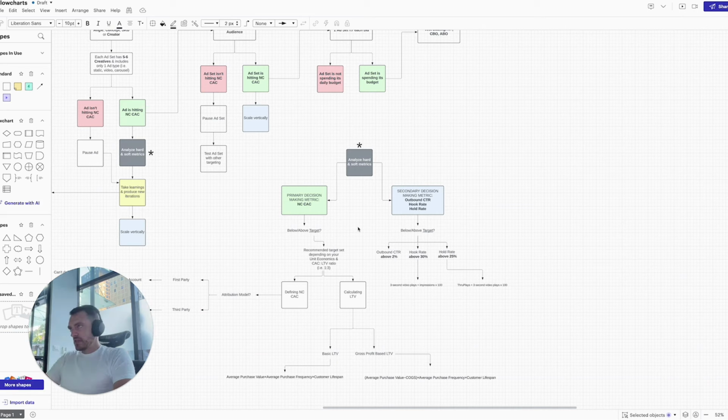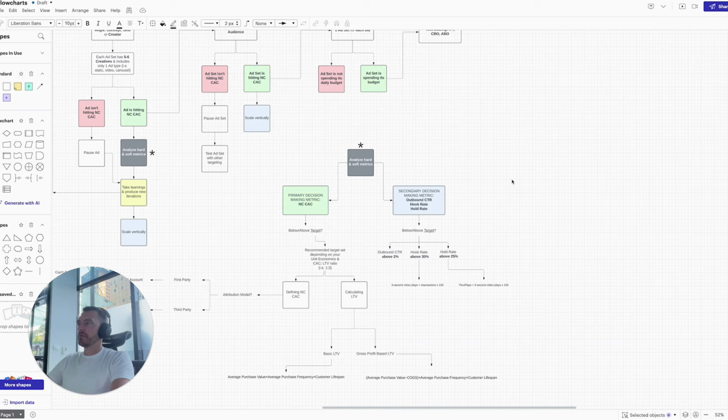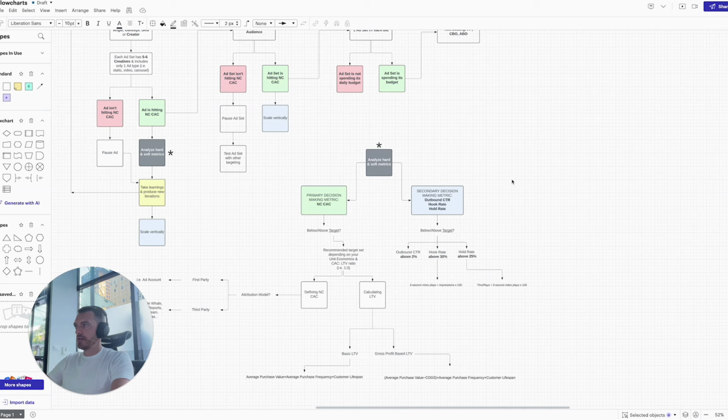Now, maybe we can touch on the analysis of hard and soft metrics. Of course, this ties to video ads and static ads, but the soft metrics, apart from outbound CTR, are just for video ads, because obviously a static can't have a hook or hold rate. Now, again, primary decision-making metric for me is new customer CAC.